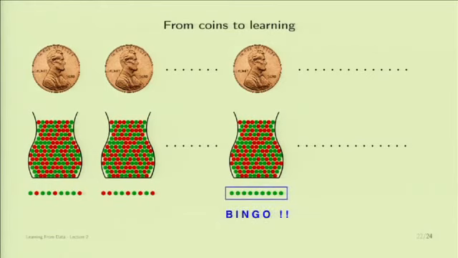Bingo! I have the perfect hypothesis. I'm going to report this to my customer, and if my customer is in financial forecasting, we are going to beat the stock market and make a lot of money, and you start thinking about the car you are going to buy. Well, is it bingo? No, it isn't. And that is the problem.